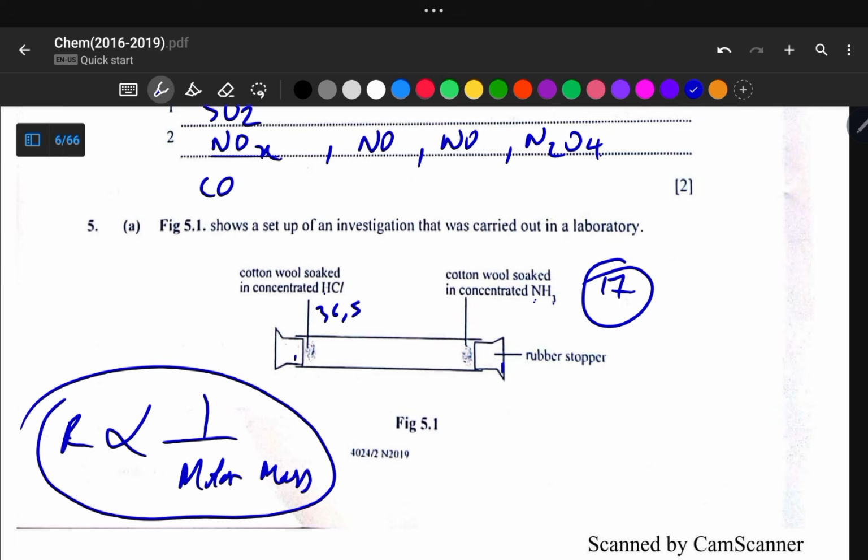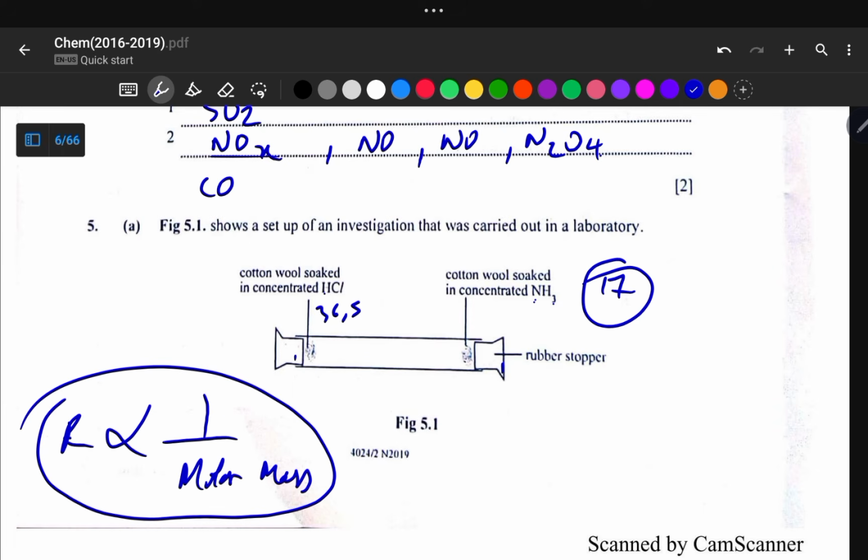When the two particles meet, or come into contact, that's where the reaction occurs. So hydrogen chloride will travel at a slower rate, meaning it will travel a shorter distance within the reaction chamber, right? And then ammonia will travel faster, meaning it will reach the region of lower concentration at a faster rate.